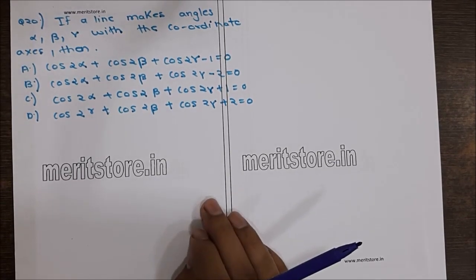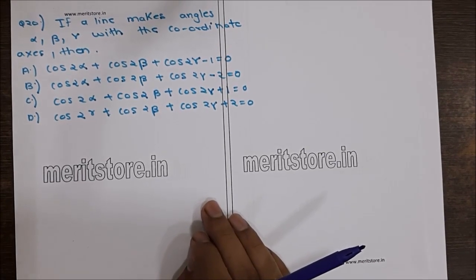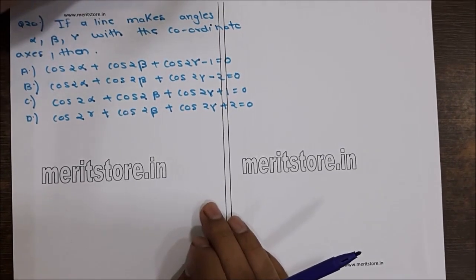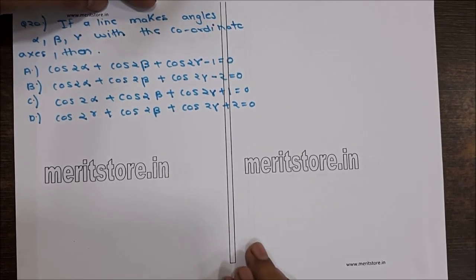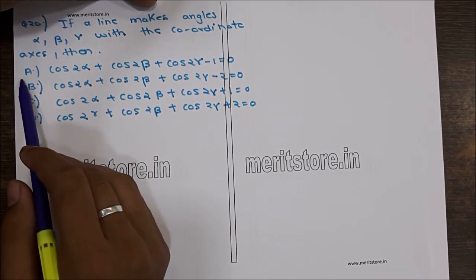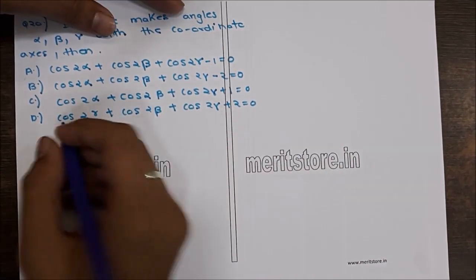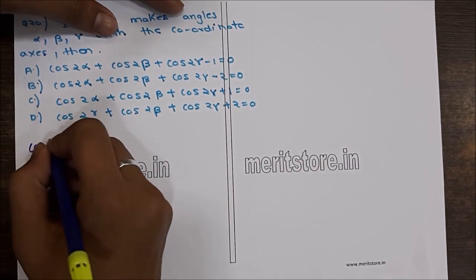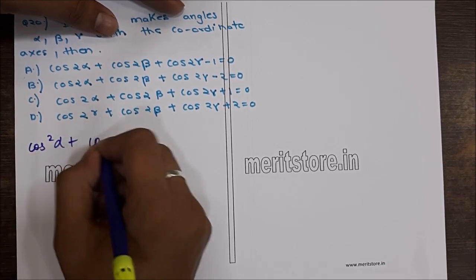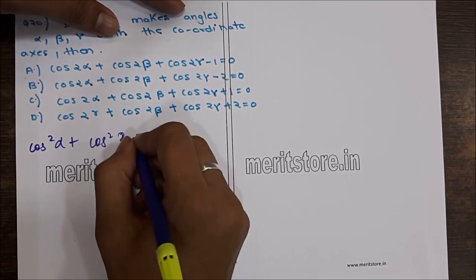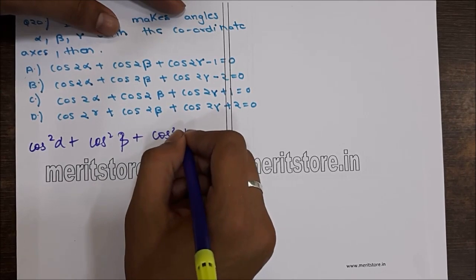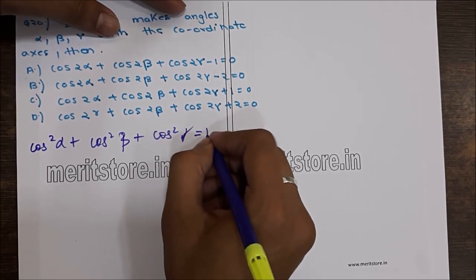Question number 20. If a line makes angles alpha, beta, gamma with the coordinate axis, then the following would be true. So let us solve. We know by proof that cos square alpha plus cos square beta plus cos square gamma is equal to 1.